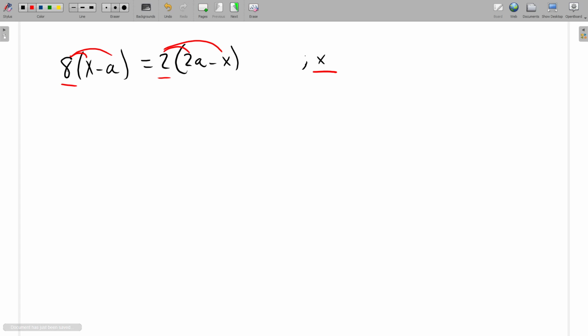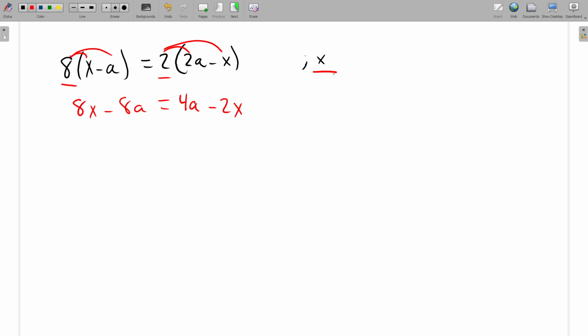Meaning I want to take the 8 and multiply it by both x and negative a, giving us 8x minus 8a. And we want to take the 2 and multiply it by 2a, which gives us 4a, and by the negative x, which gives us negative 2x.